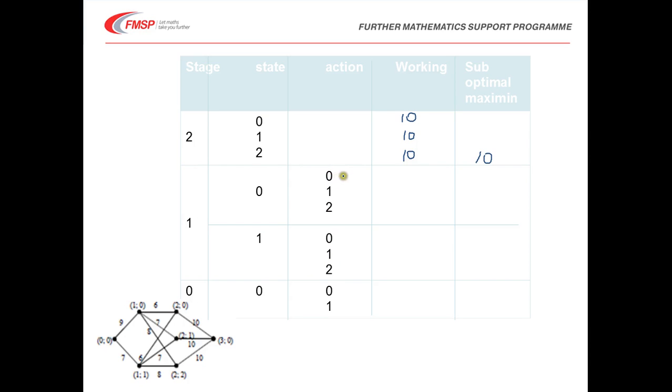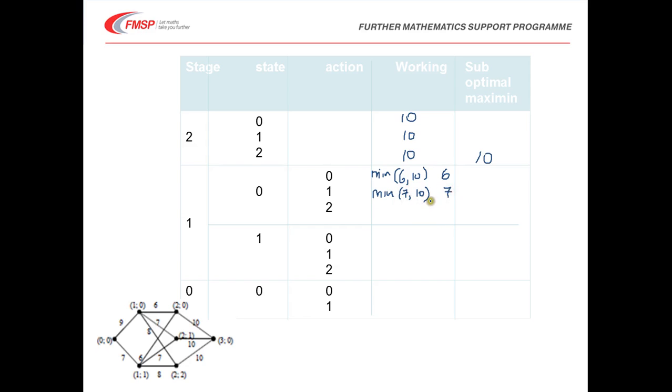So 0 will have an action of 6, but of course that is followed by a 10. Now we want the minimum of those, which is a 6. Or we might take action 1, which had a weight limit of 7, and that would be followed by 10.